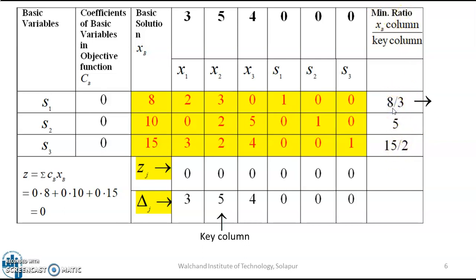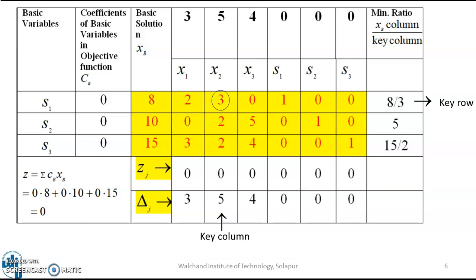We can check that this 8 by 3 is the minimum one. Therefore, this row is called the key row and the variable associated with this row is S1. It means this S1 is the outgoing variable and X2 is the incoming variable. Okay. Now the intersecting entry of the key row and key column is this entry 3. Therefore, we can draw a circle around it.